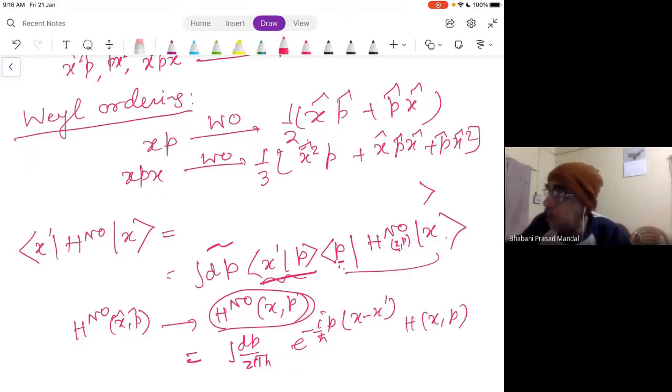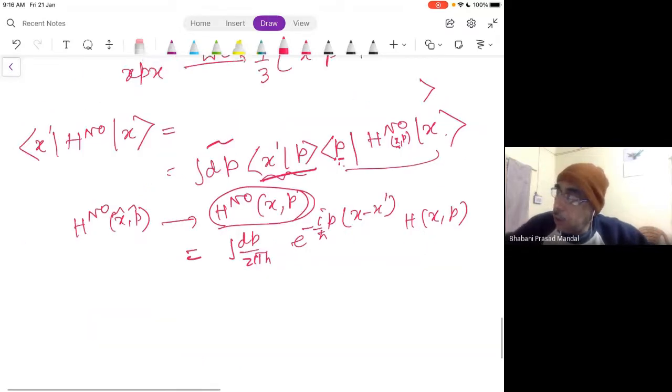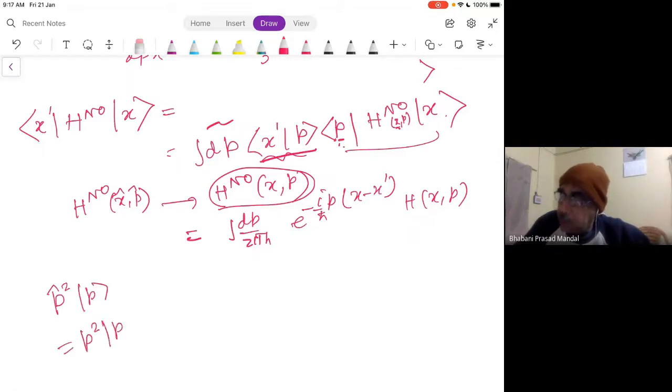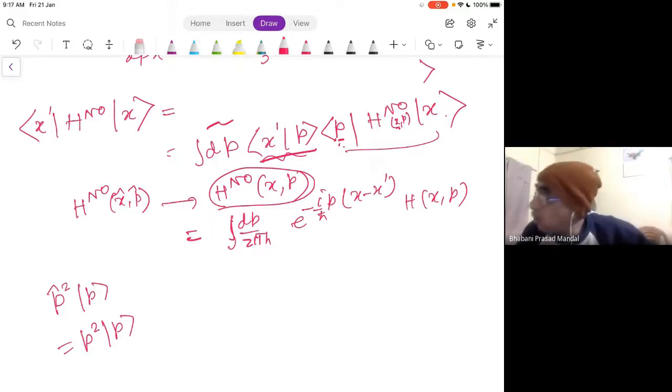Now this is the simple classical variables x, p, because it is already replaced by its eigenvalues. Because you already know that when a momentum operator p acts on a p state, it can be written as the p value times the p state, right? By definition, so this will be like this if you consider the normal ordering, but we are interested in considering the Weyl ordering, because that is better.